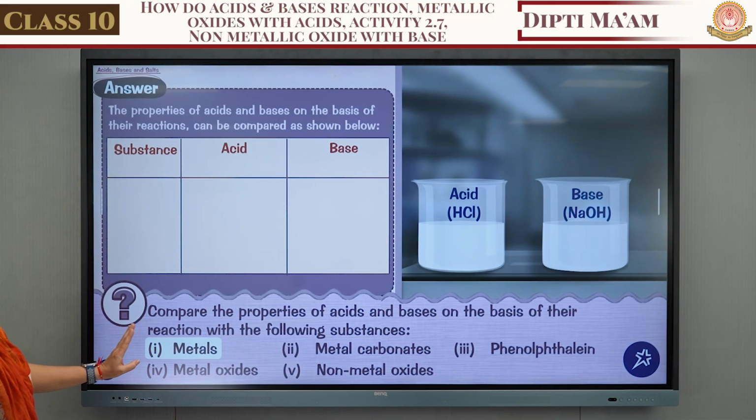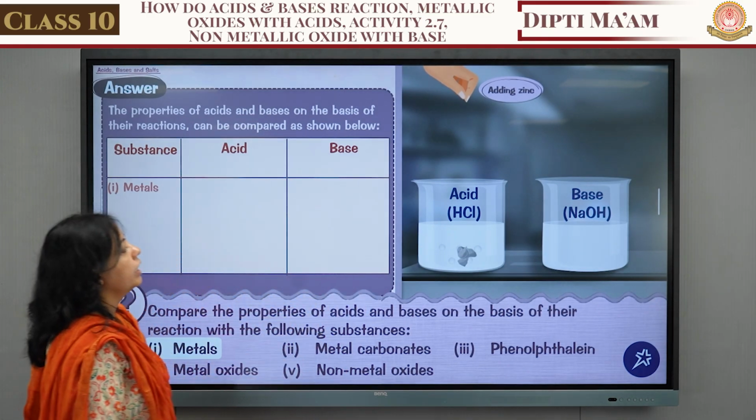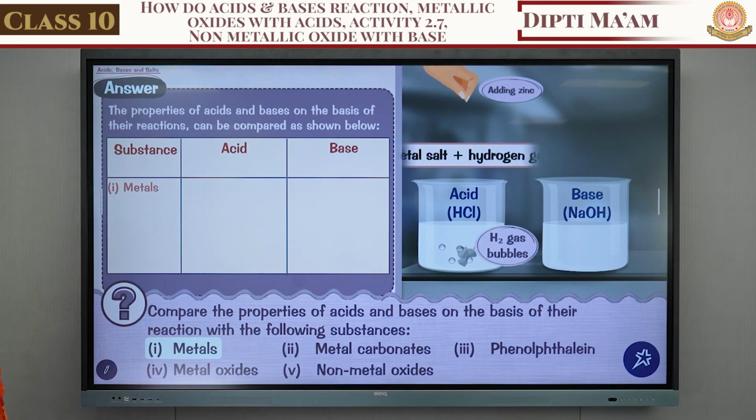Suppose the first property we discuss is related to metals. If we take a metal, what is the effect of acid and base on the metal? If we add zinc granules in the acidic solution, does the metal react with the acid or not?